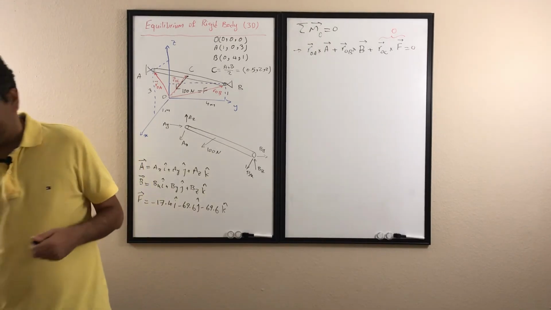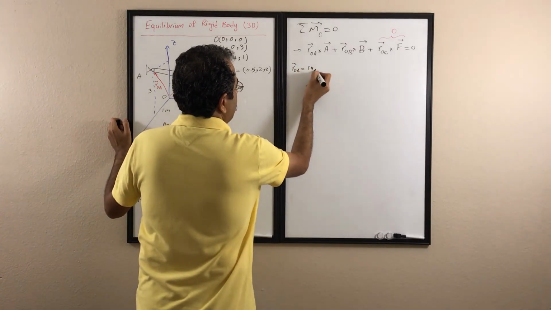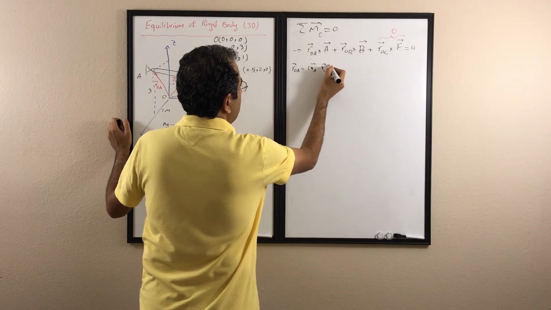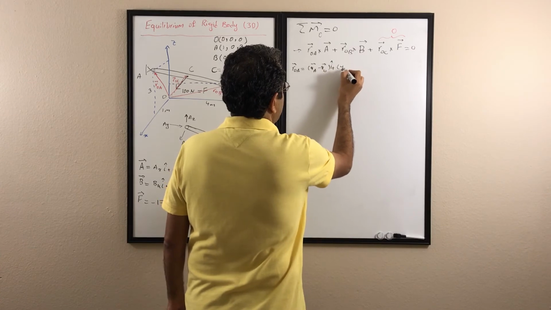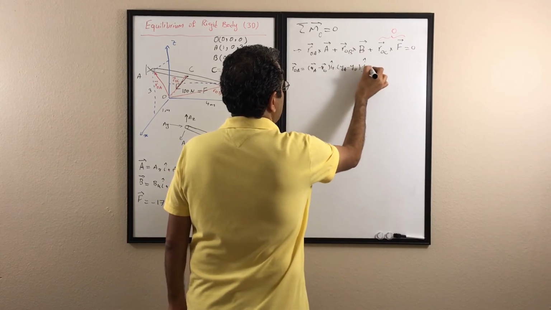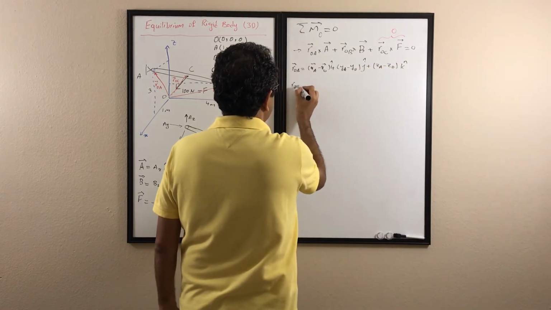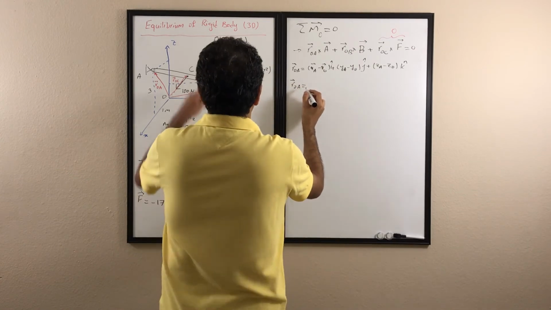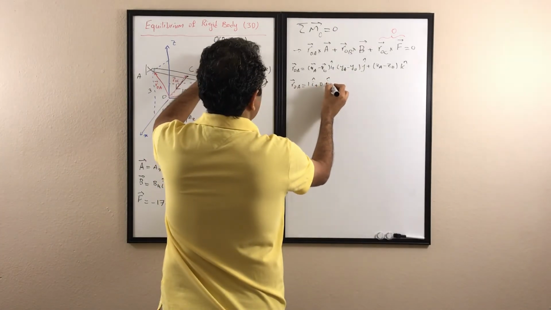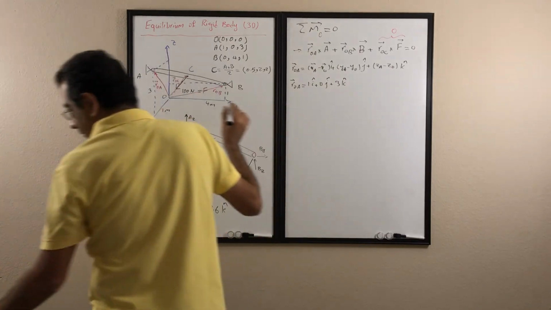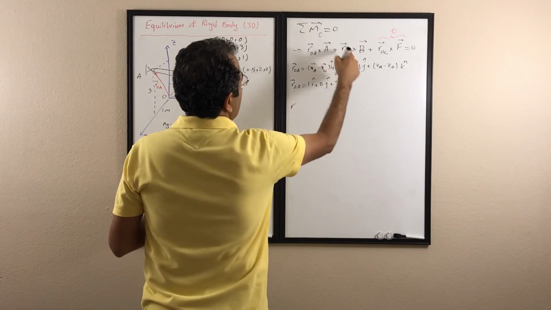So ROA is XA minus XO I plus YA minus YO J plus ZA minus ZO K. So the ROA is going to be 1I plus 0J plus 3K. So that's ROA, and then we need to find ROB.